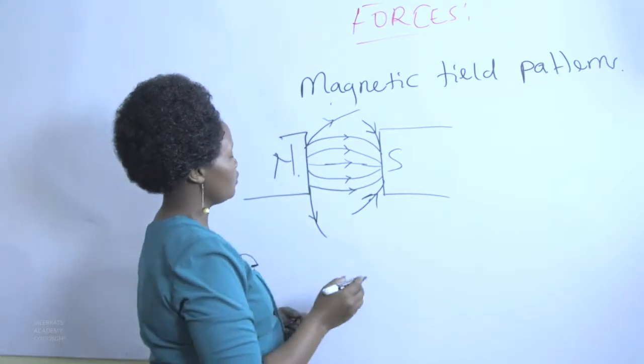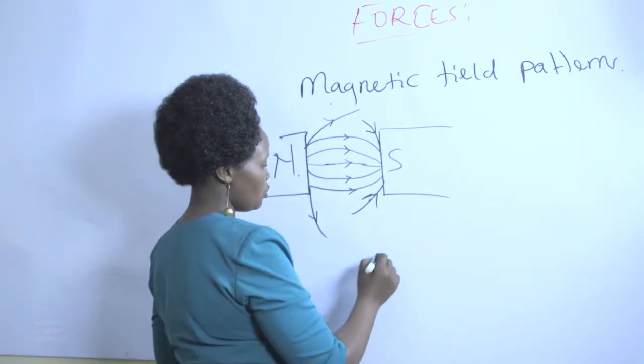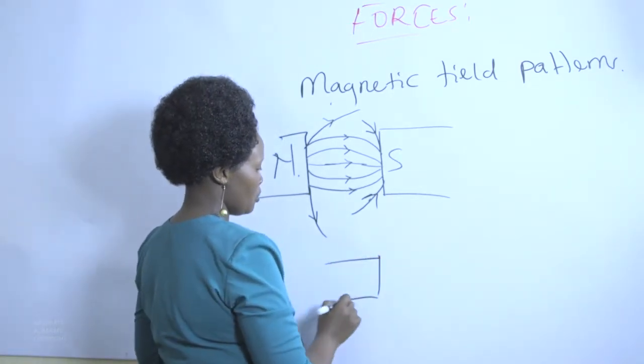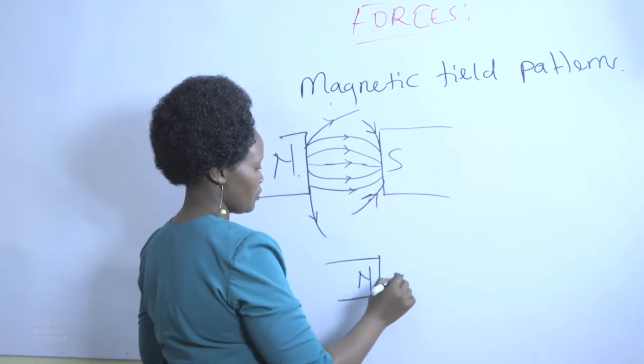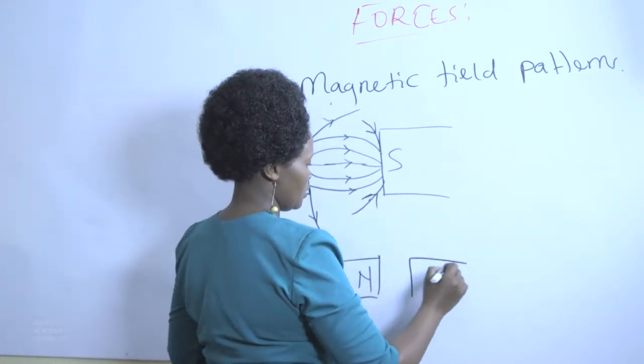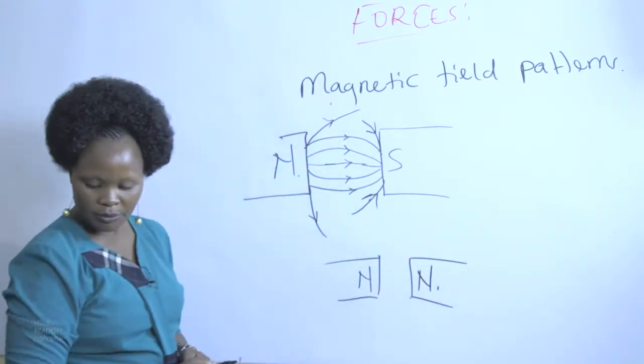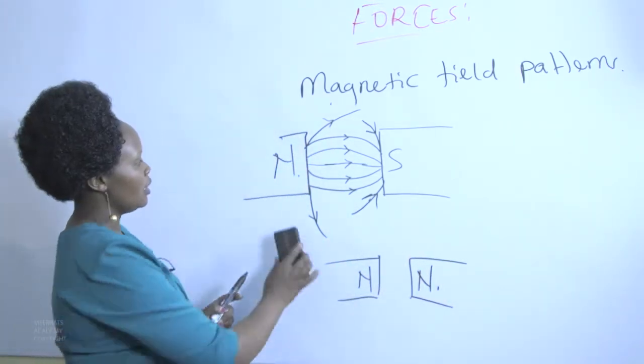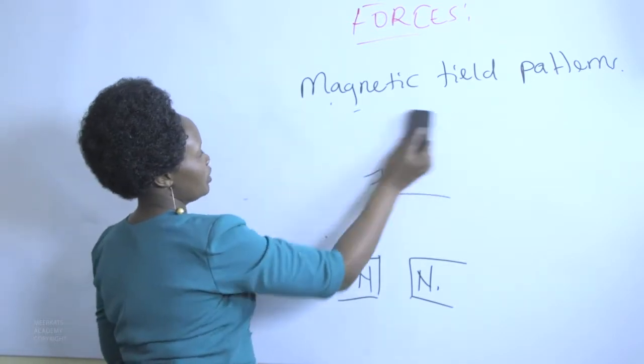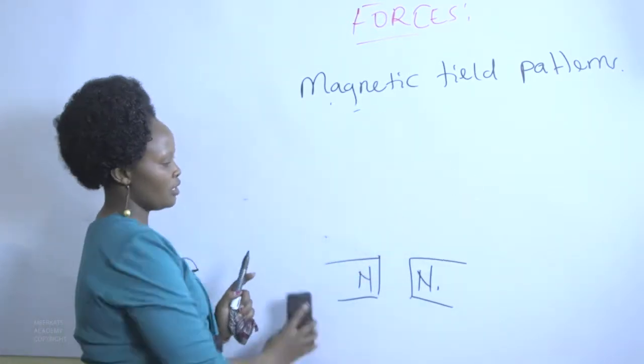How about if we brought two poles together that are like? Remember we said that like poles repel while unlike poles attract.